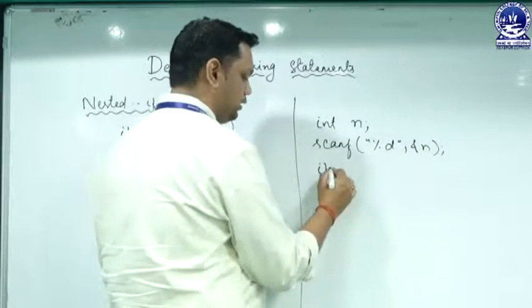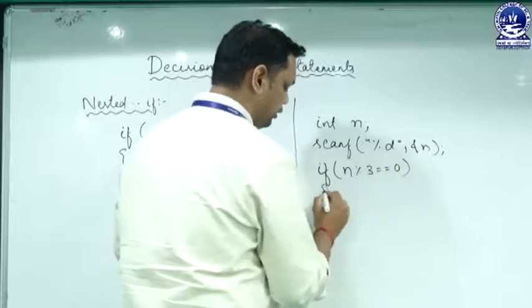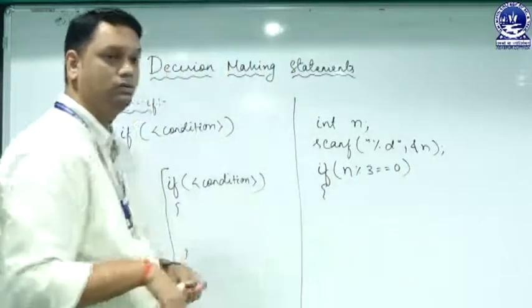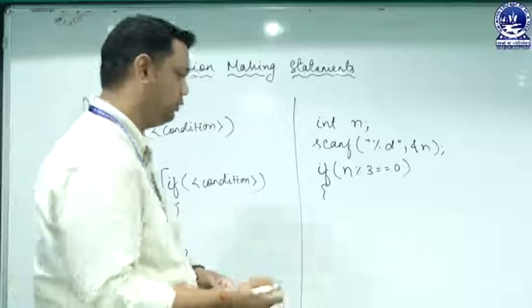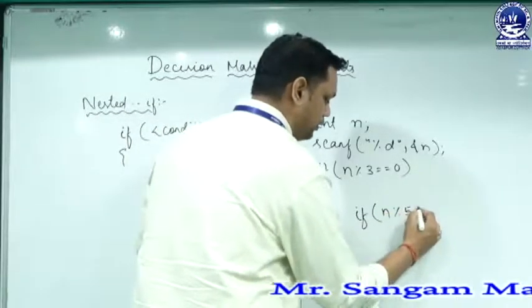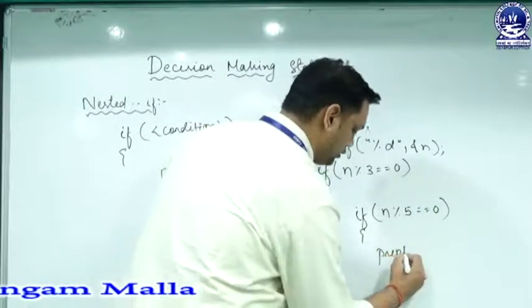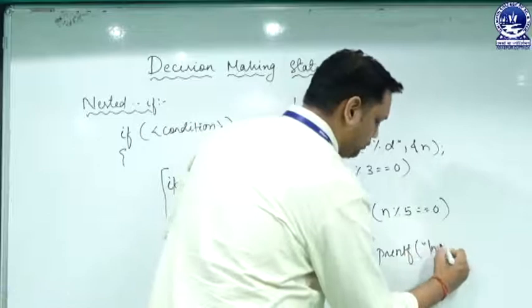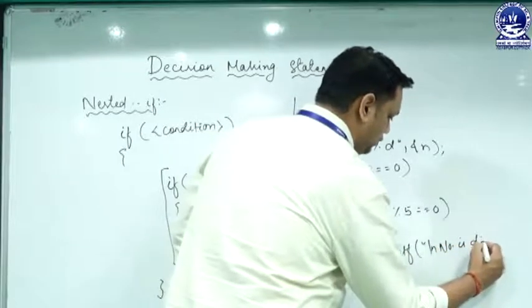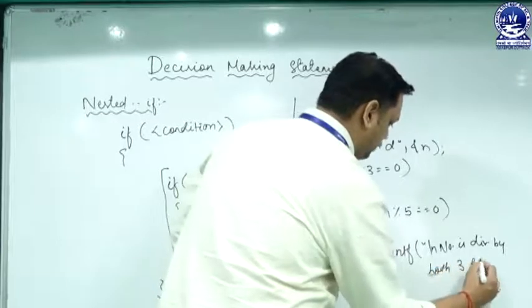Now I will check if n % 3 == 0, then I also have to check whether the number is divisible by 5 or not. So I will give another condition, if n % 5 == 0, then only I will print the message printf "number is divisible by both 3 and 5".